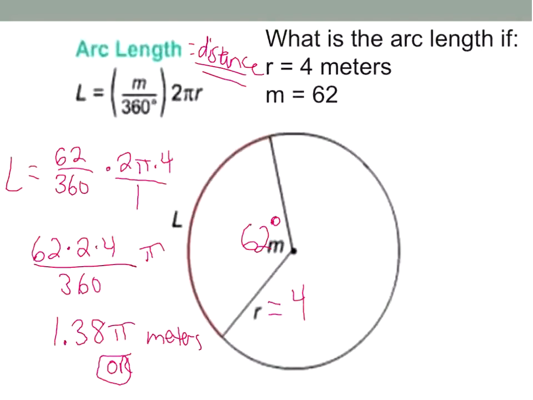Yeah, multiply. 4.33 meters. Good job. So if I were to have my 2 boys draw a radius of 4 meters, make an angle of 62 degrees, the circle that they would draw would have this arc length of 4.33 meters.